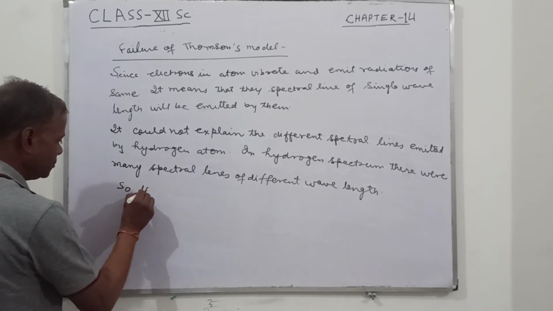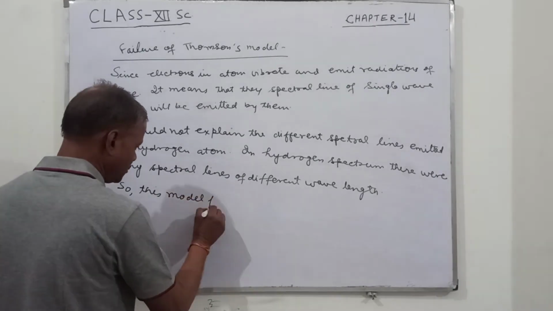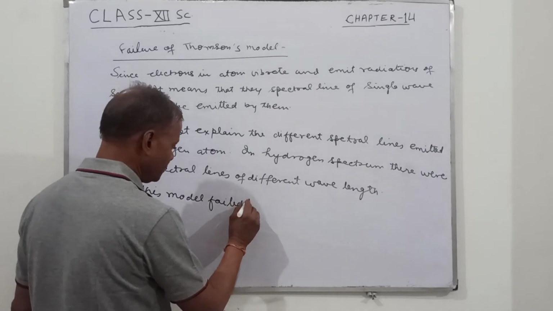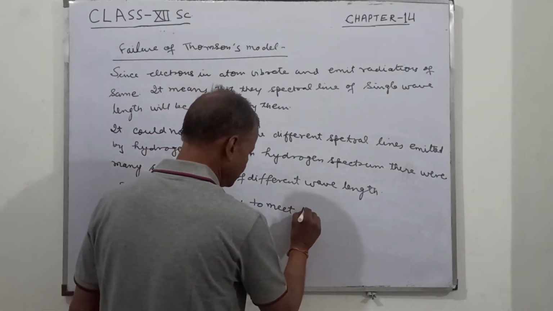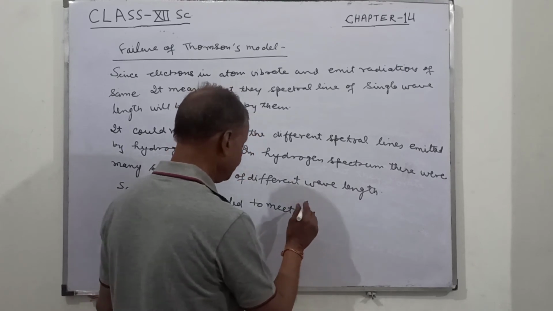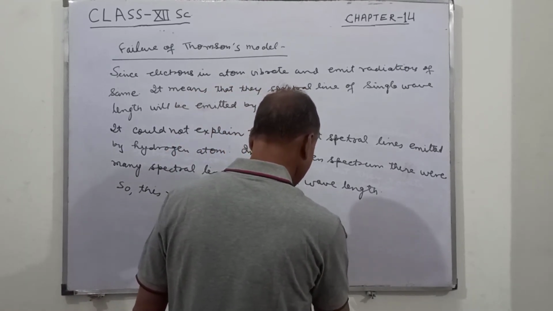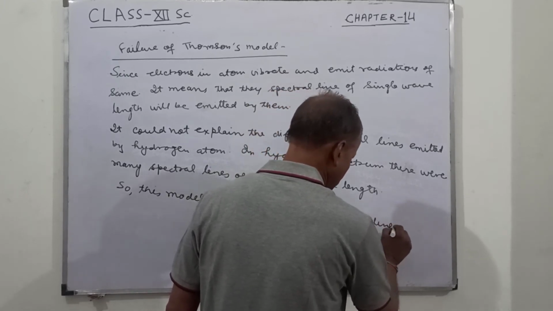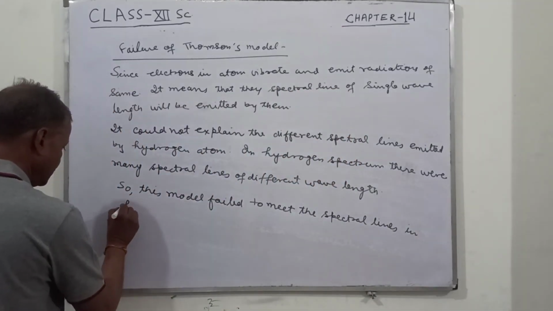So this model failed to explain the spectral lines of the hydrogen atom.